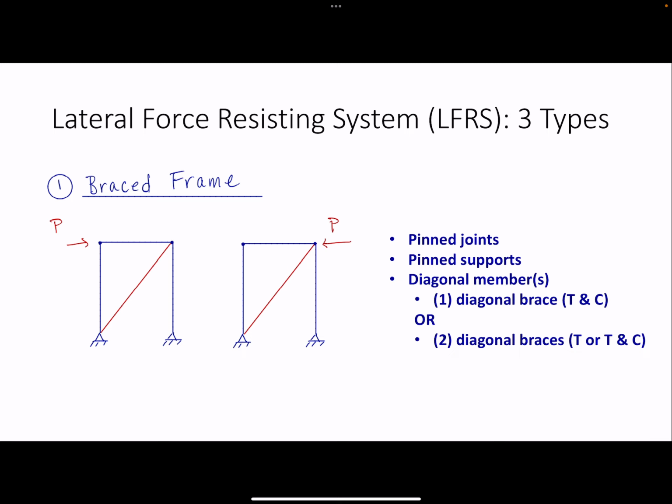Tension, right. And if you push on it the other way, it's going to be in compression. So that configuration is determinate, all right? If you have 2 diagonal braces, and both of those members are capable of resisting tension and compression, then it's an indeterminate configuration, all right?